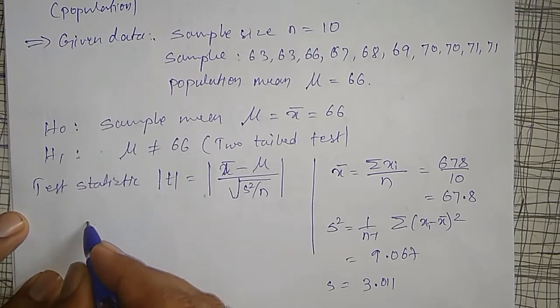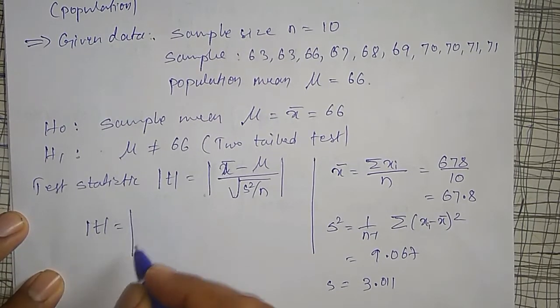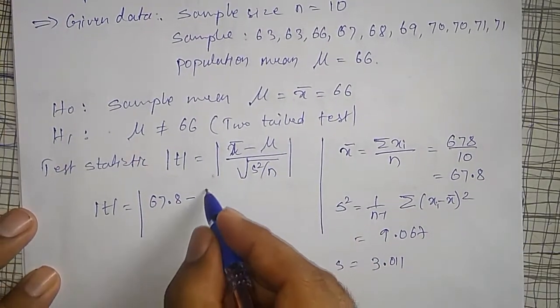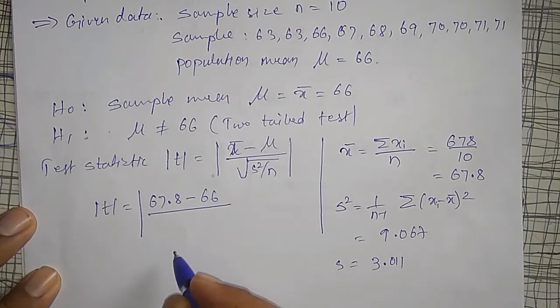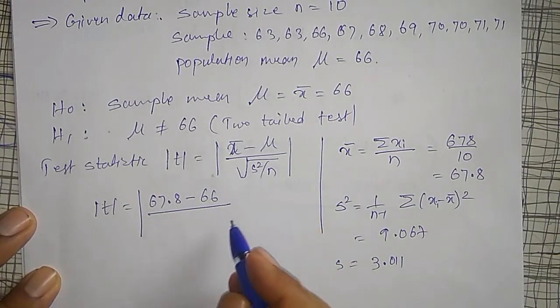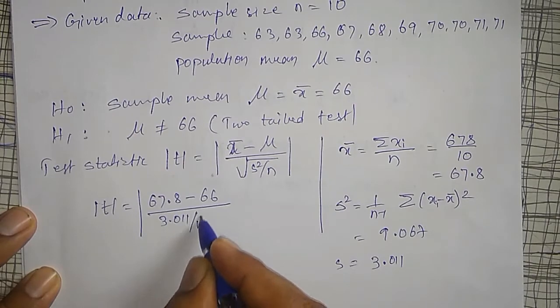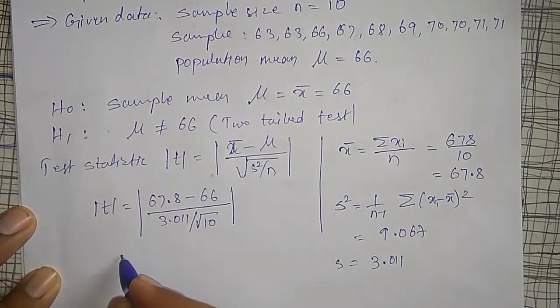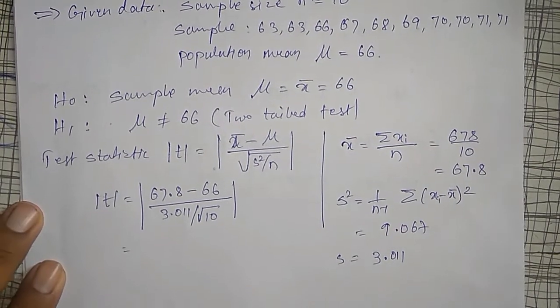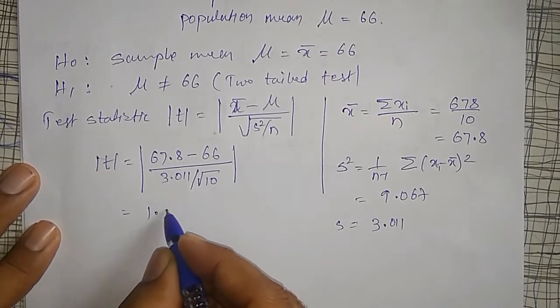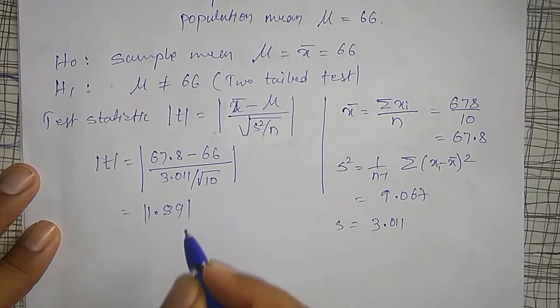Therefore, modulus of t is equal to x bar, 67.8, minus mu, 66, divided by s, 3.011, divided by root 10. Simplify this using the calculator. I am going to get it as 1.89 modulus value.